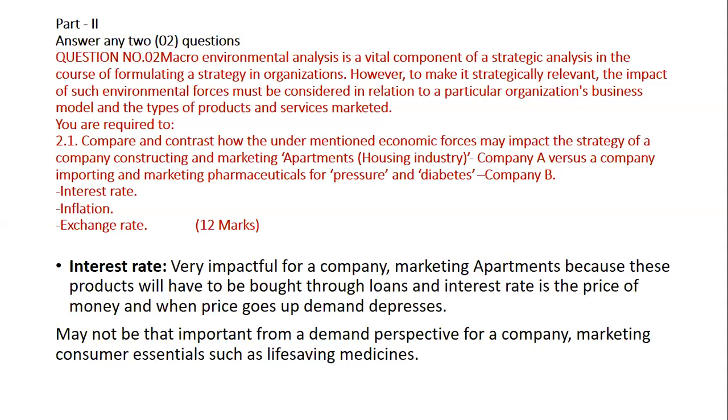Since you are getting 12 marks, you can elaborate in your own words, bring icing on top of the cake, and use your writing skill. But we have just taken the essence of what you should talk about with relation to the two industries: apartment building, and marketing and trading of pharmaceuticals.